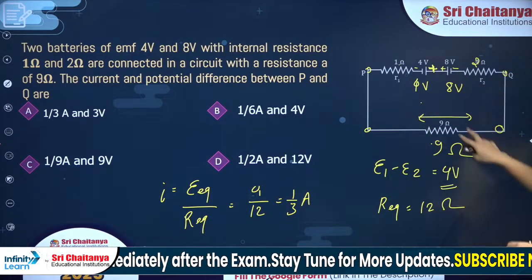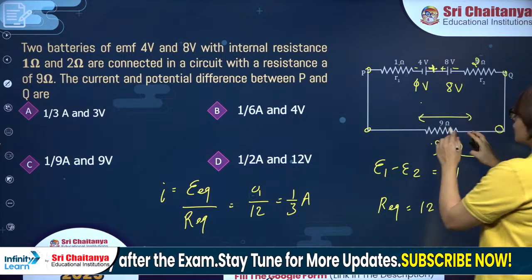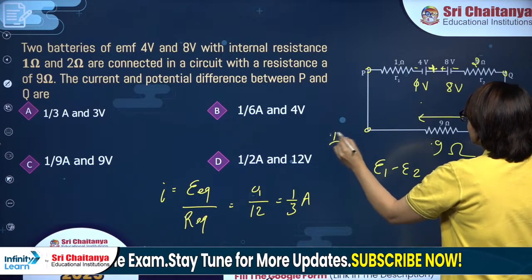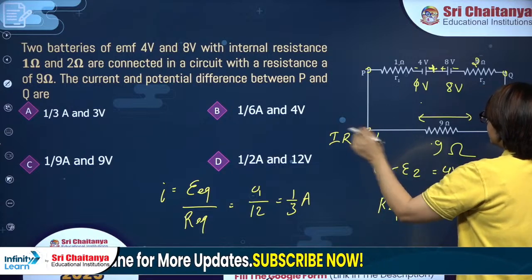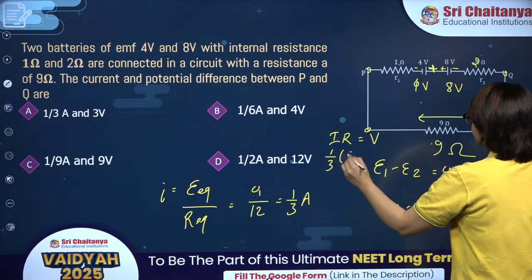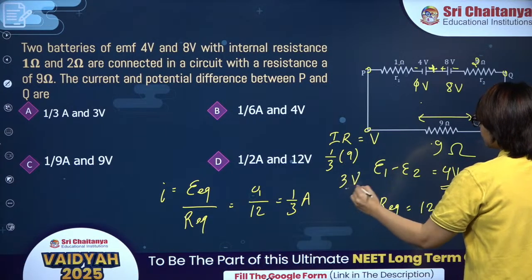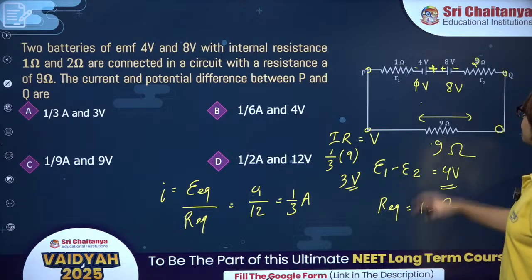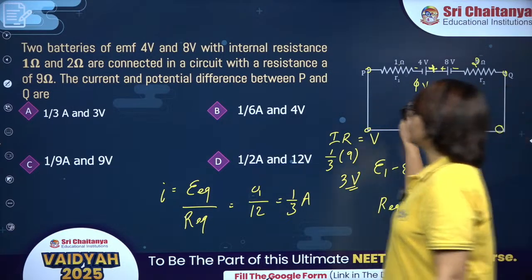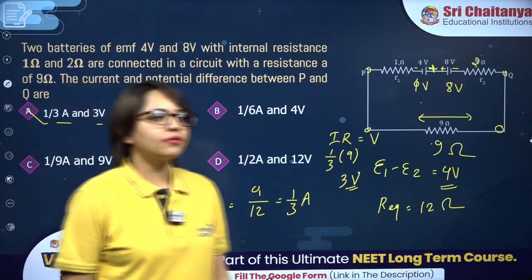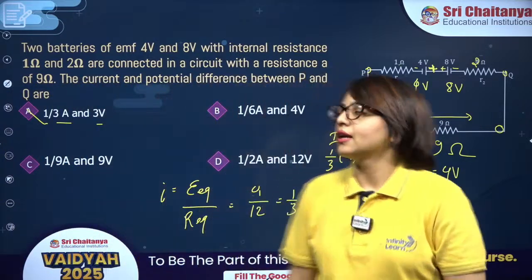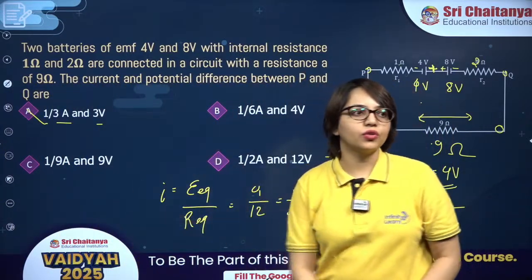So potential difference across the resistor of 9 ohm is IR. I is 1 by 3, R is 9, so it will be 3 volt. So the potential difference between P and Q is 3 volt. The correct answer is option A, 1 by 3 ampere and 3 volt.